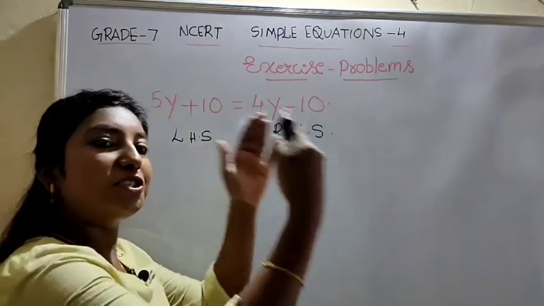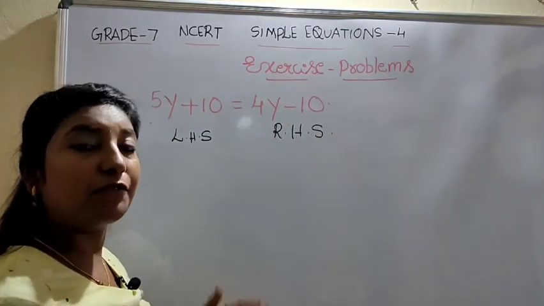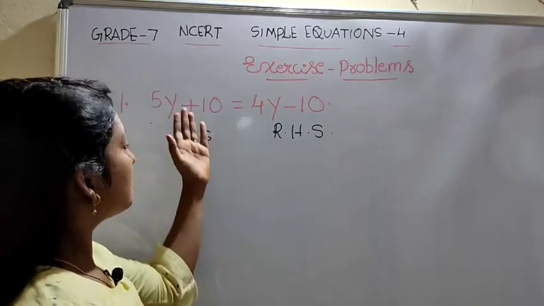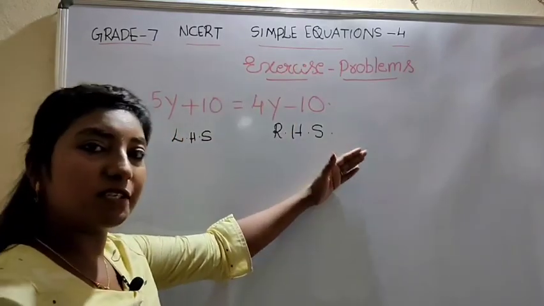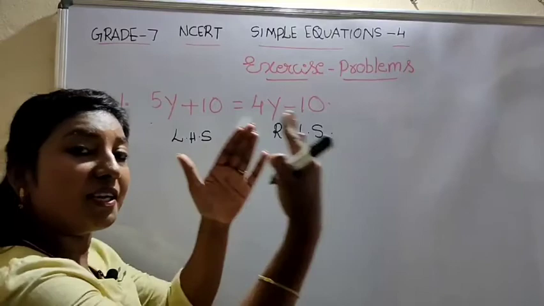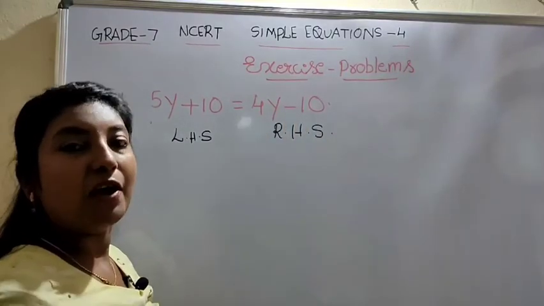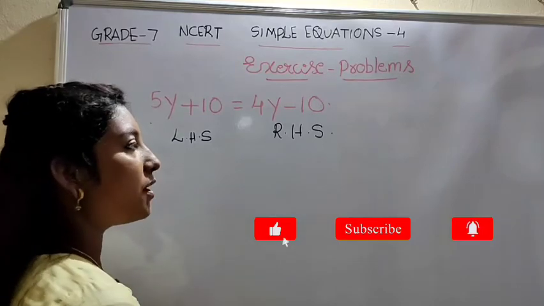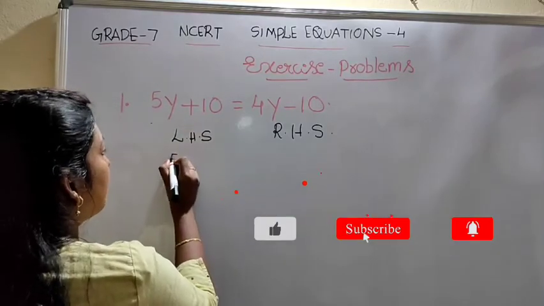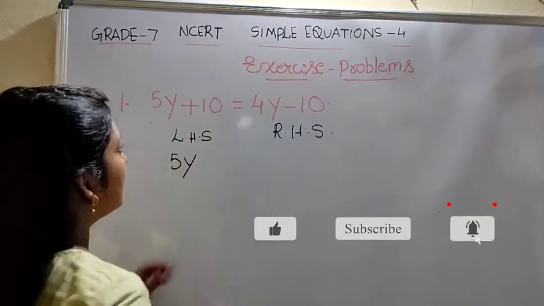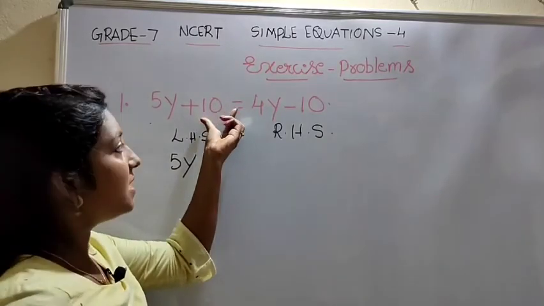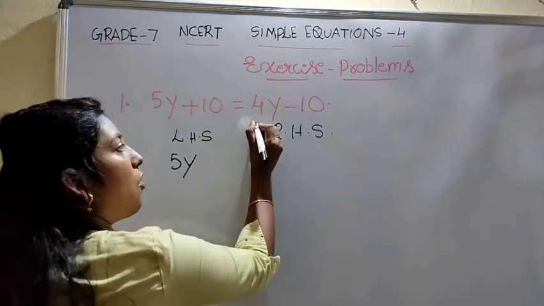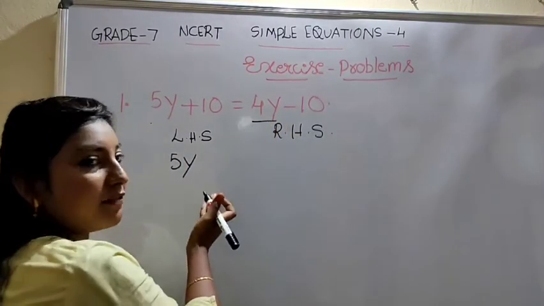While you are changing the sides, here we are doing transposing method as we have already learned. So I am sending all the constants to the right hand side. While I am sending the constants to the right hand side, we have to change the sign of the numbers as we already know. So now, what are the constants here? Plus 10. I am sending all the constants to the right hand side and all the variables to the left hand side.